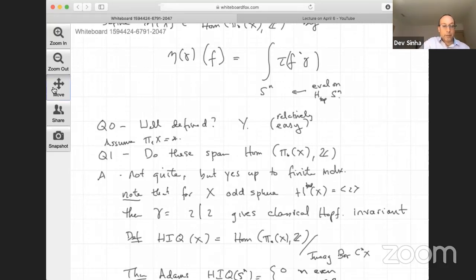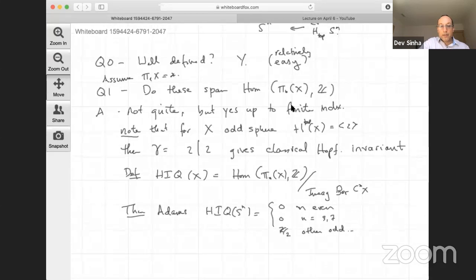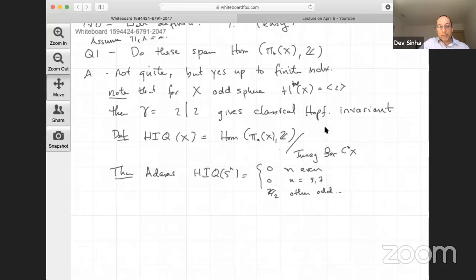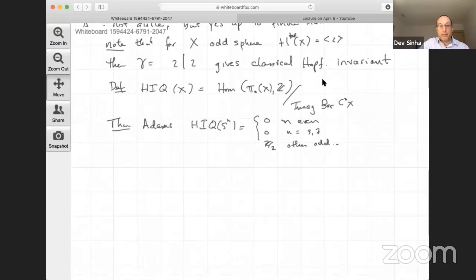And let me move the whiteboard. So now we have a fun little homotopy theory question that we can amuse ourselves with no matter how long we have to spend indoors. We can just compute Hopf invariant quotients all day.